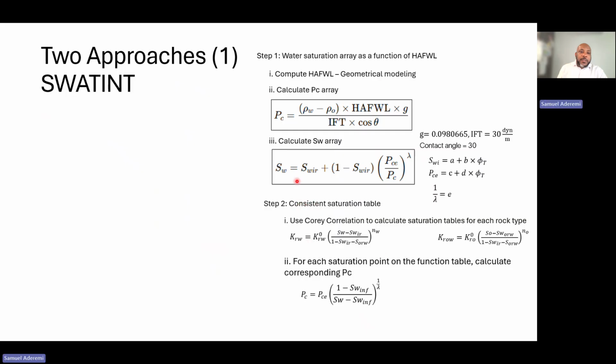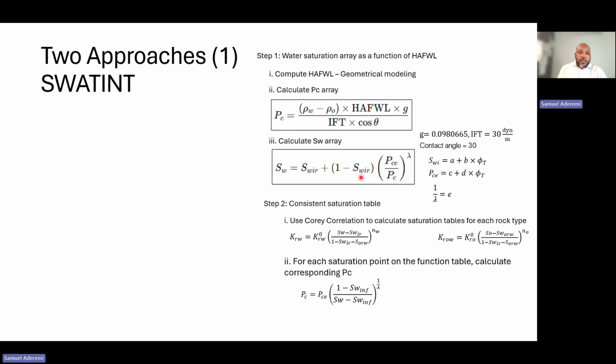Here, these are the saturation height parameters that you have received from your petrophysicist or geomodeler, and you need to make capillary pressure the subject of the formula from this equation.